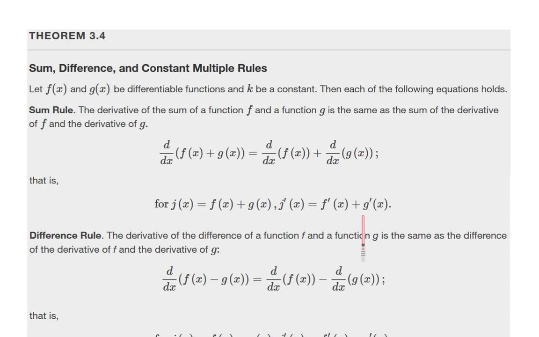That's just like when we did our limit laws. Similarly, for the difference, if we're taking the derivative of f of x minus g of x with respect to x, I can do the derivative of the first function and then subtract off the derivative of the second function.